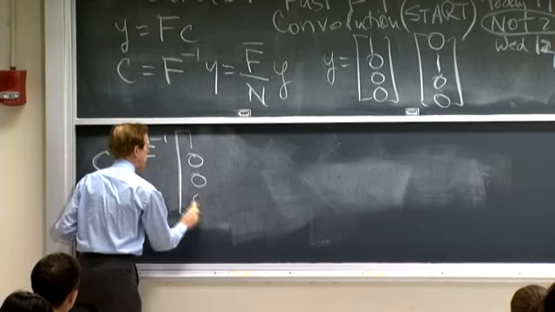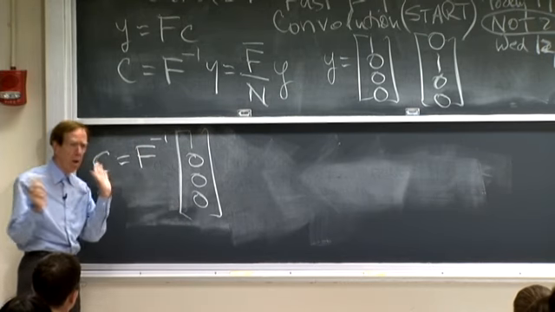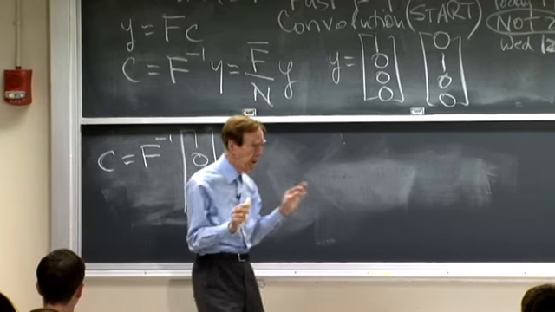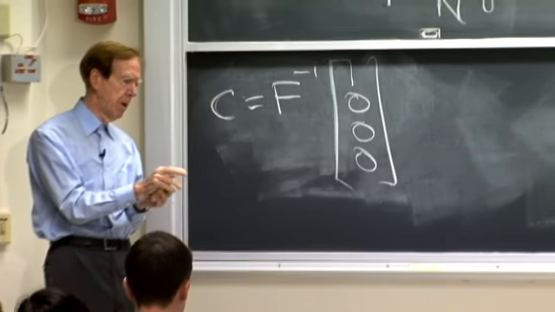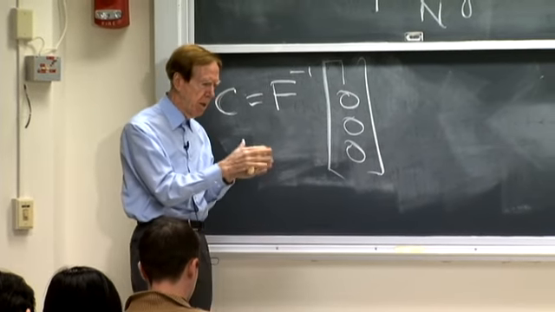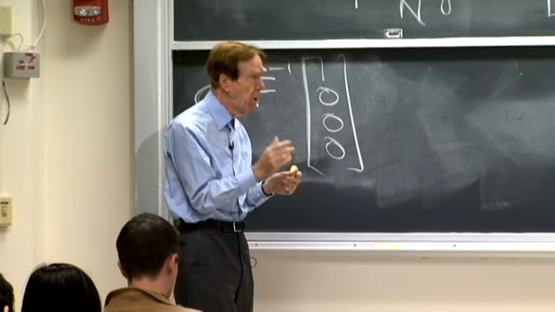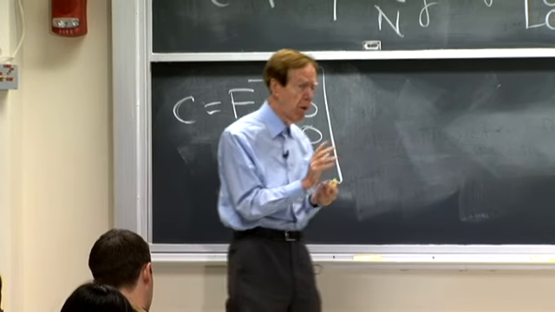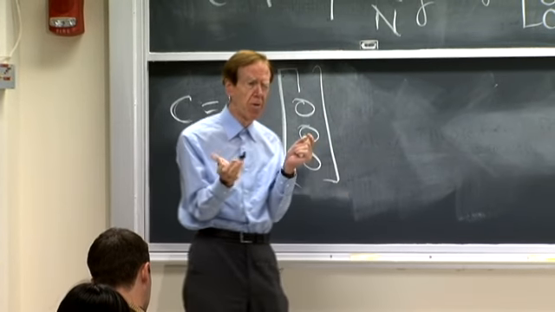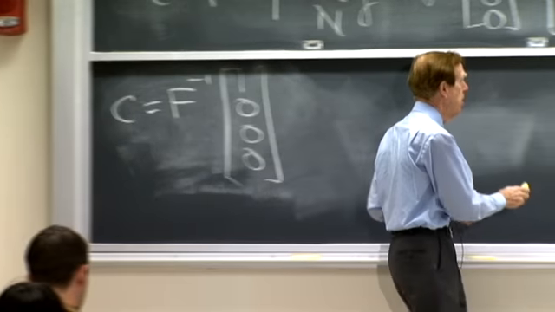delta function, the discrete delta. Okay, before I even do it, we have a pretty good idea what to expect, because we remember what happened to the ordinary delta function in continuous time, or rather, I guess it was the periodic delta function. Do you remember the coefficients? What were the coefficients for the periodic delta function? You remember those.